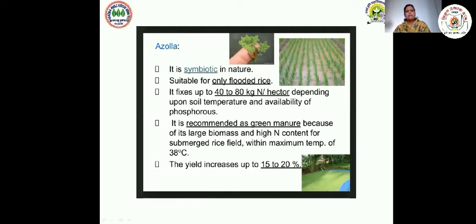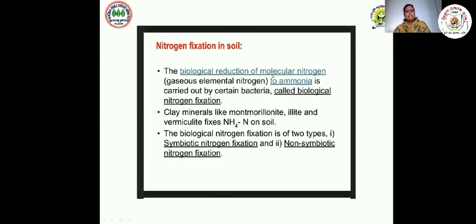It is recommended as green manure because of the large biomass and high iron content for the submerged rice field, within a maximum temperature of 38 degrees Celsius. It increases yield by 15 to 20%, and is suitable for flooded rice, being symbiotic in nature.